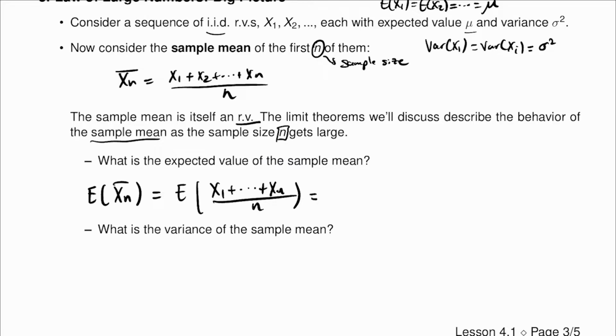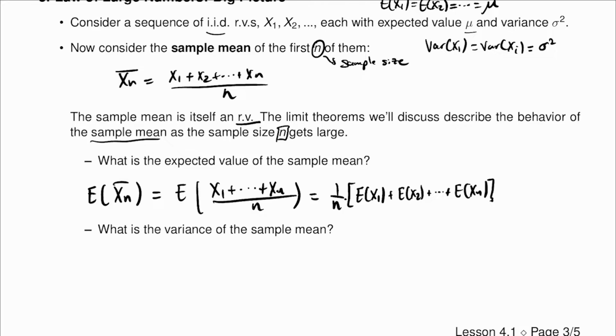Using properties of the expected value, we can take this n out, and the expected value of the sum is the sum of the expected values: the expected value of x1 plus the expected value of x2, and so on, until the expected value of xn.